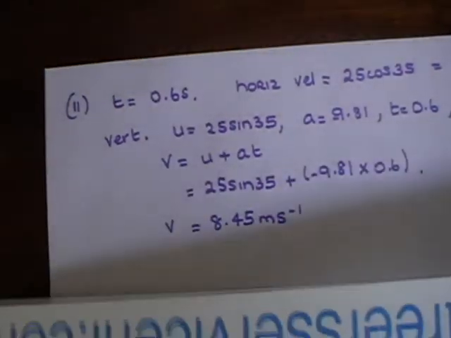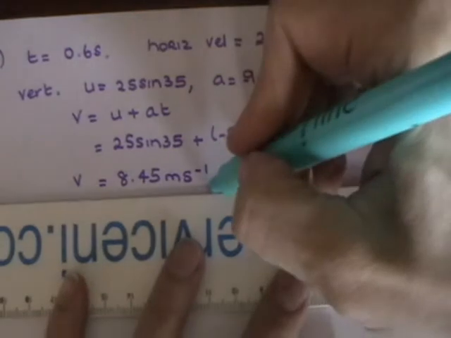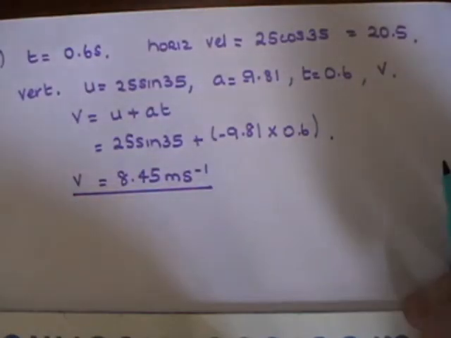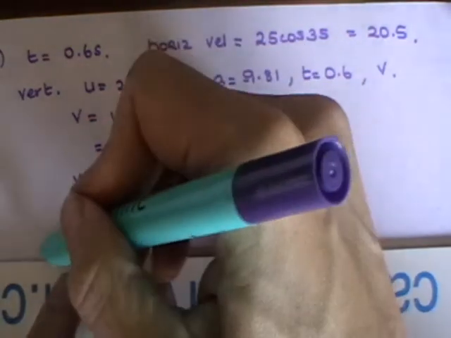Now, we're not quite finished yet. The question then asks you to find the magnitude of the velocity, and that means that you have to add those as vectors.